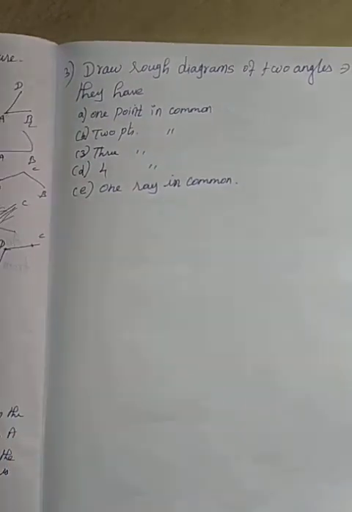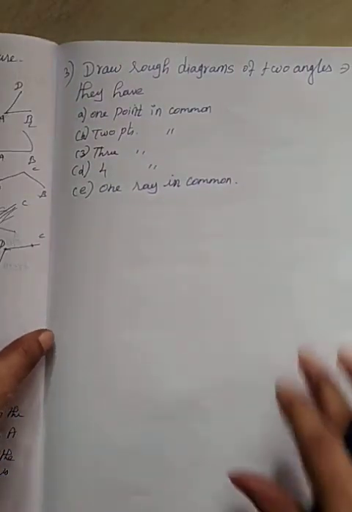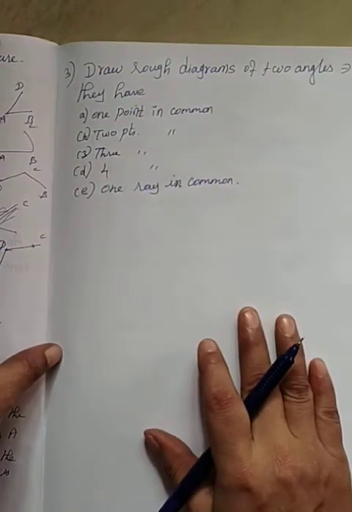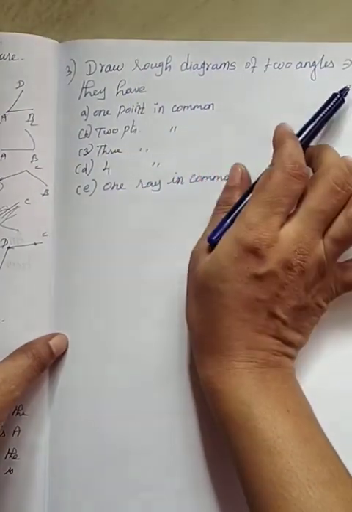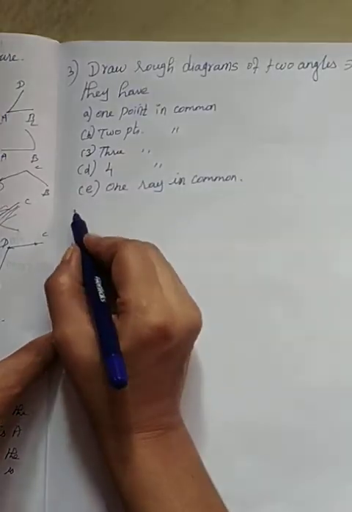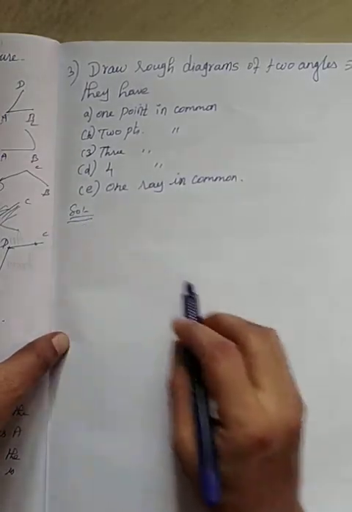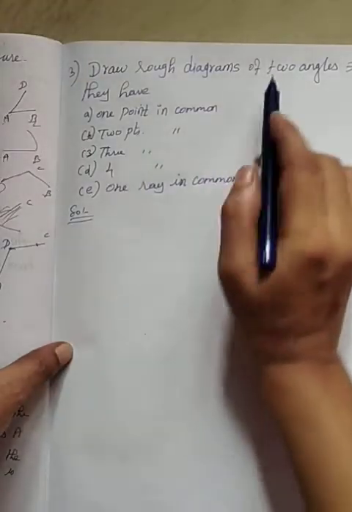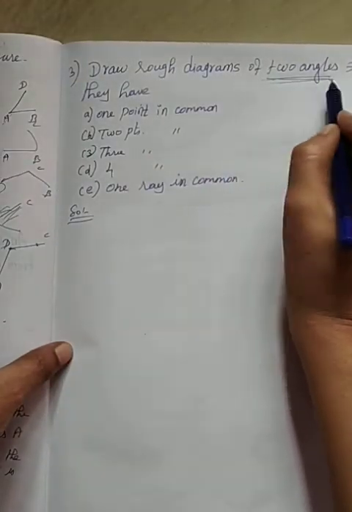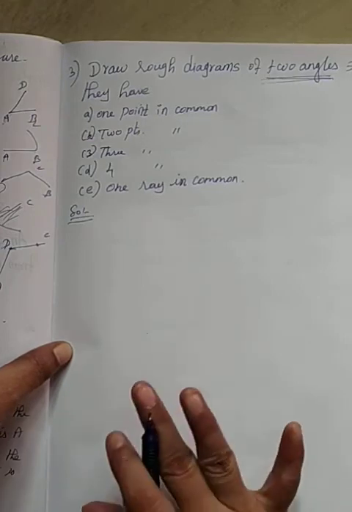Okay, see now you have to draw the rough diagram in this one. Draw rough diagram of two angles such that they have, see the first one, what is the first one? 1 point in common, and then what is the given condition? Two angles, 1 point.